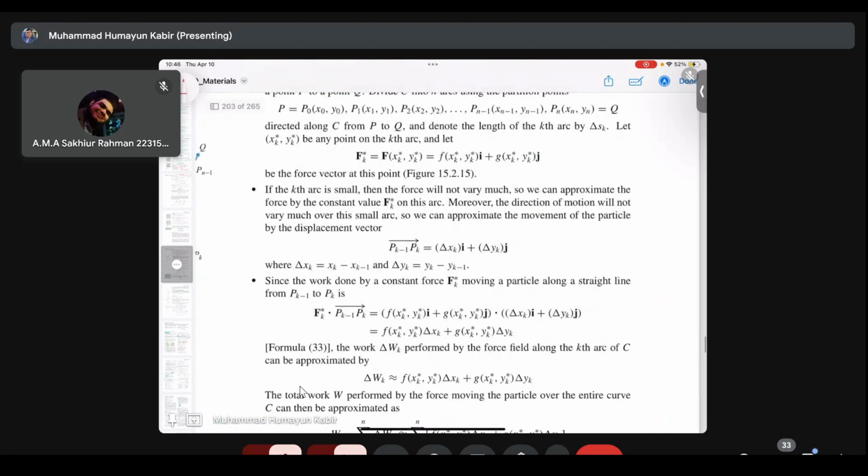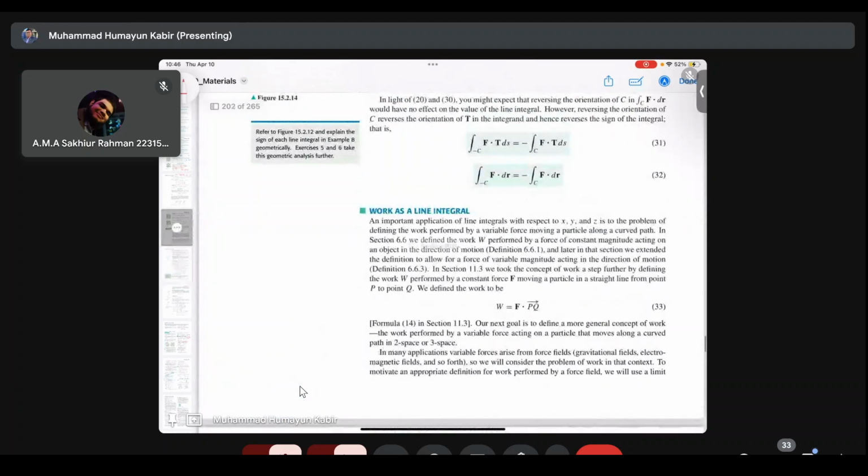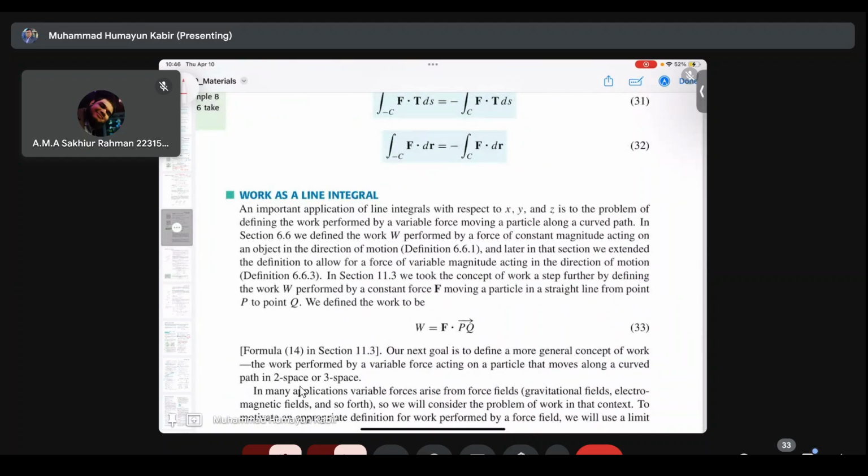Let me explain a little bit. Look, work as a line integral. Work done can be calculated with the help of a line integral. This is one of the most important applications of line integral.